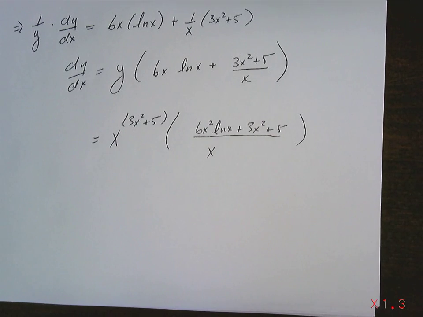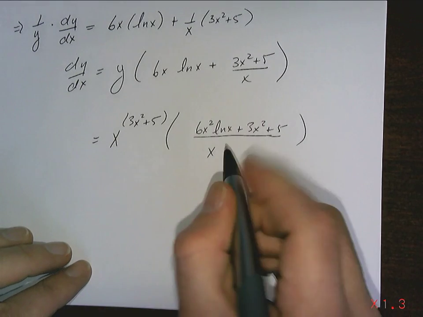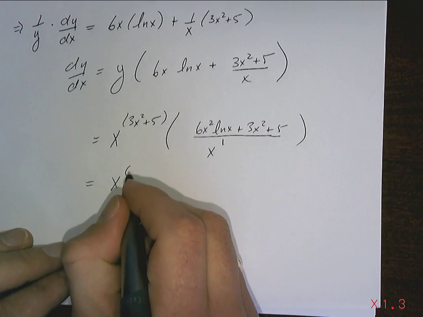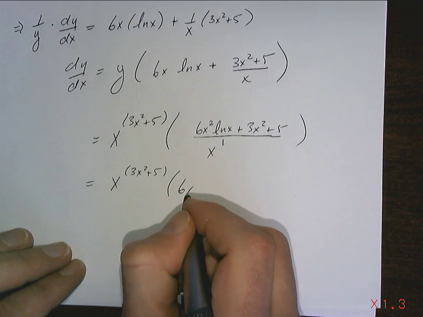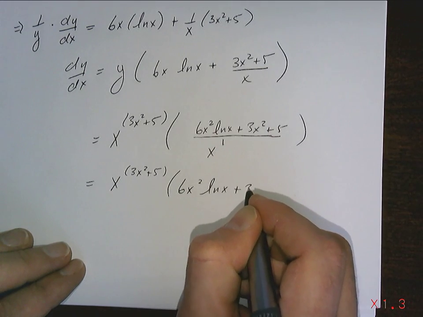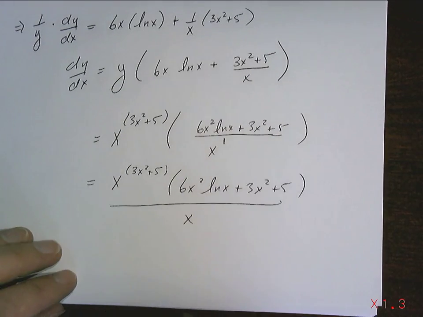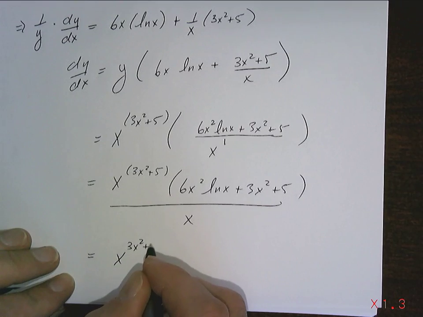And this is where the back of the book will give you a different answer, and you're going to think you're wrong, and you're not. Do you see how this is x to the 3x squared plus 5, and this is x to the 1 on the bottom? I'll rewrite it one more time before I do the final simplification. And the final simplification would simply be this.